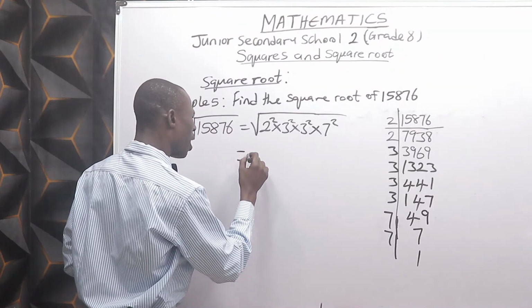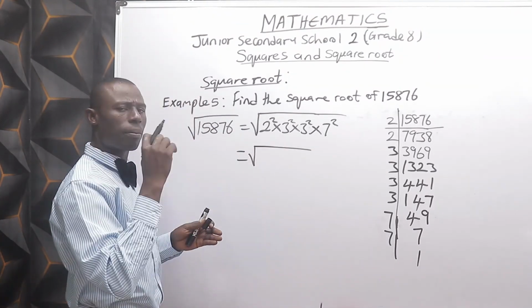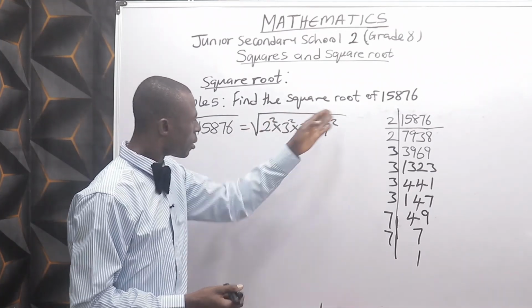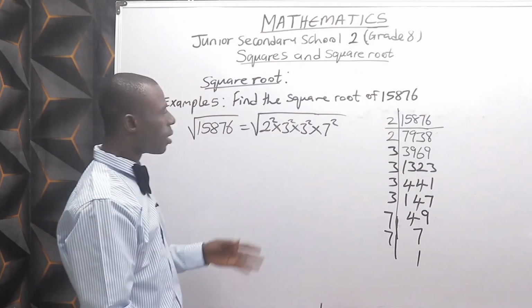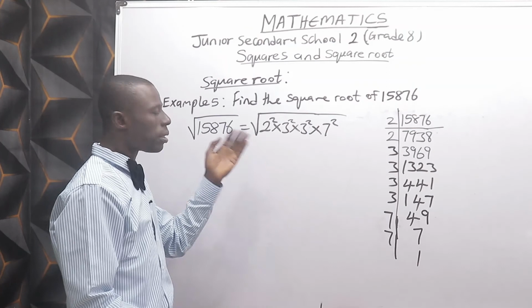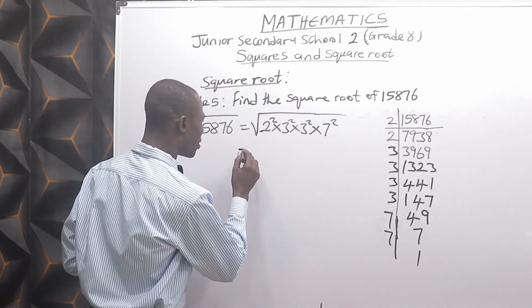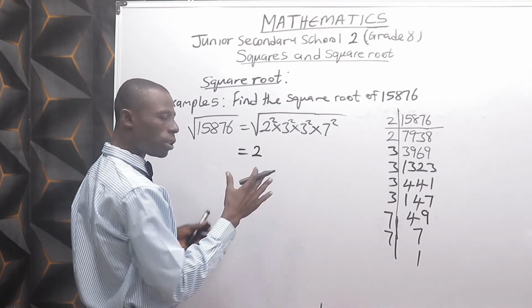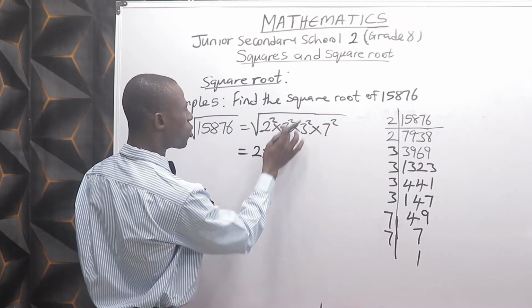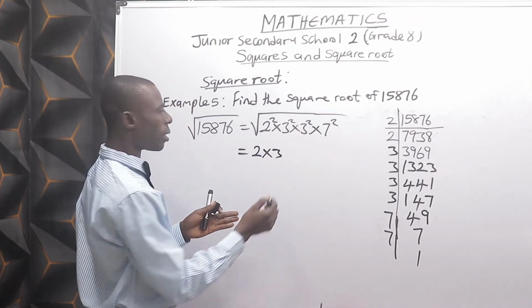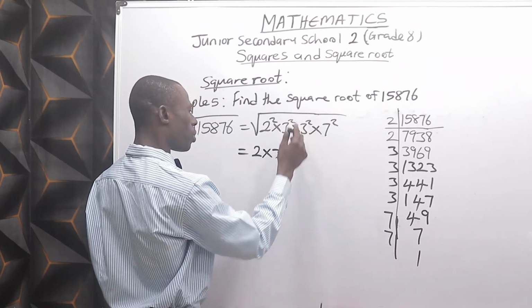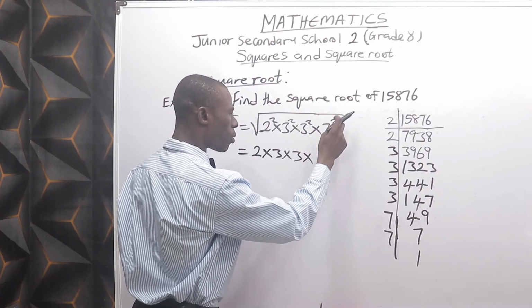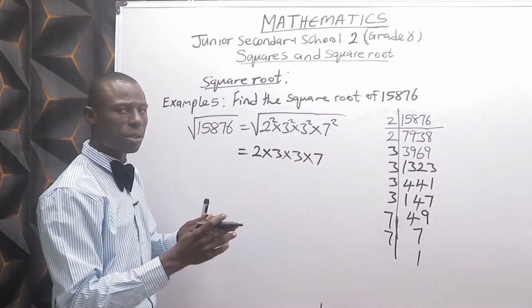So when you have written numbers in power 2 under square roots, having broken this number into factors like this, then the square root of 2 raised to power 2 is 2, the base number. The square root of 3 raised to power 2 is 3, the base number, times the square root of 3 raised to power 2 is still 3, the base number, and the square root of 7 raised to power 2 is 7, the base number.